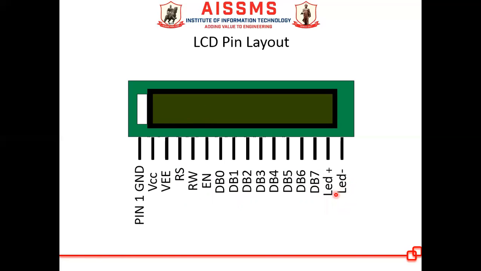And the last two pins, LED plus and LED minus, are for backlit display. So if you give 5 volt supply to these lines, then you can have a backlit display. We'll see what the functions of each pin are, starting with RS.